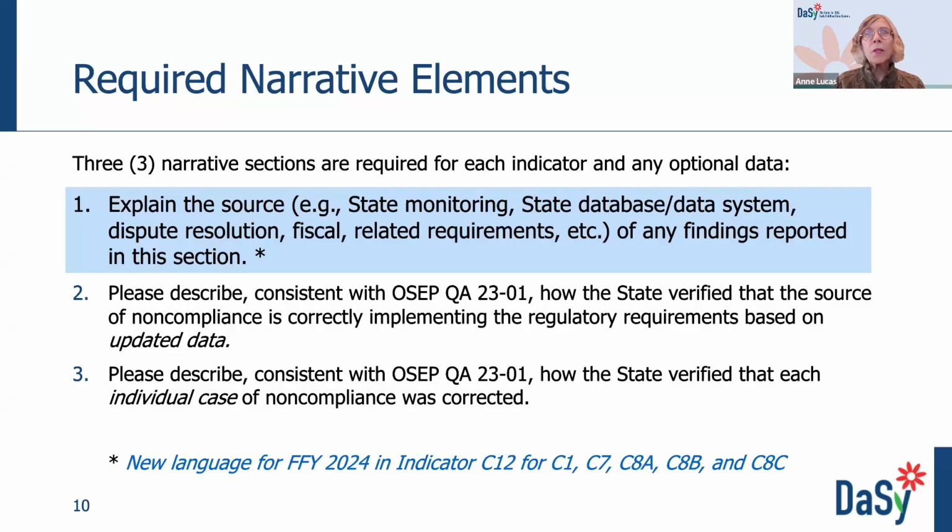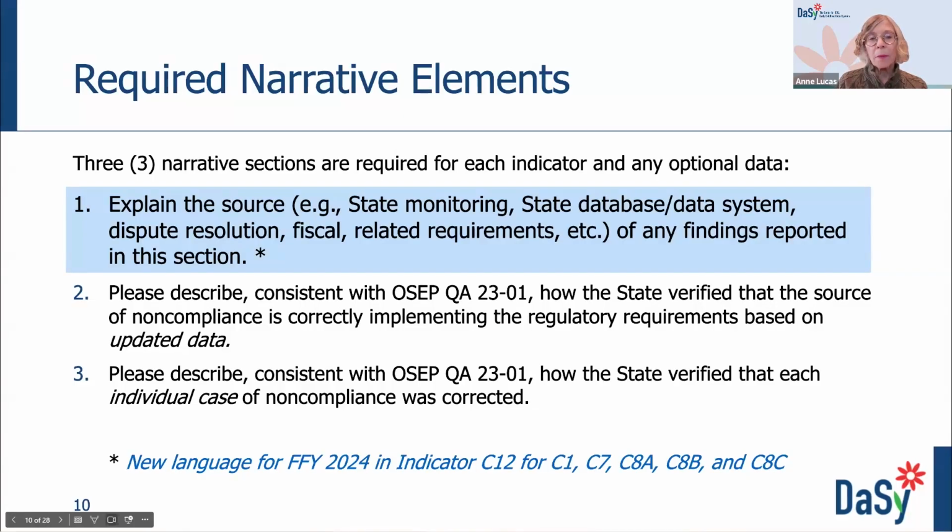So under the compliance indicator tables in C12, C1, C7, C8A, C8B, C8C, these 3 items are included there as narrative boxes, information that you must describe. These 3 same boxes or headers and the same boxes are under the optional reporting if you choose to report optional information.